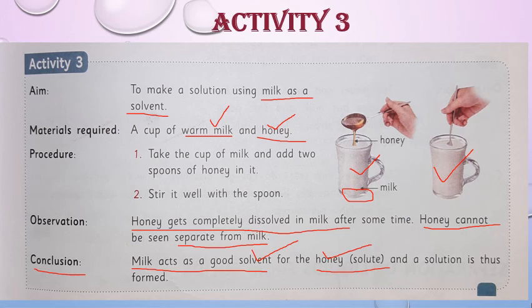When we dissolve the solute in the solvent, that is milk, a solution is formed. Clear? So this is how we have seen through 2 activities that a solid and a liquid can form a solution, and at the same time 2 liquids can also form a solution. Alright.